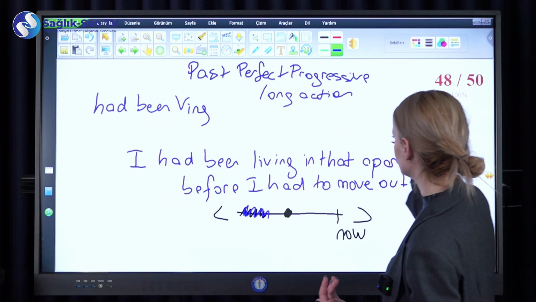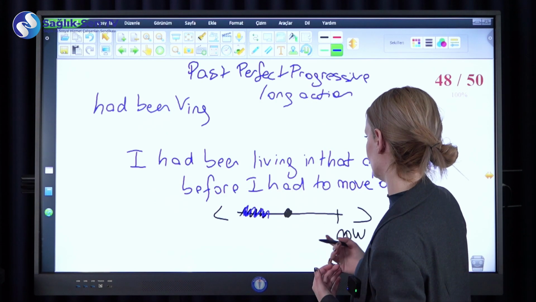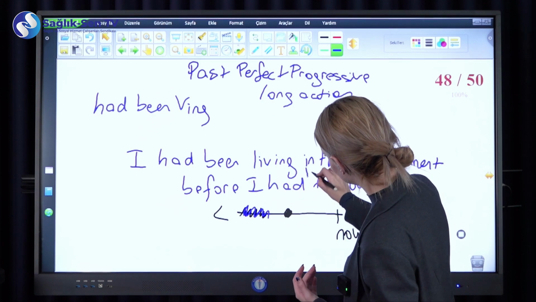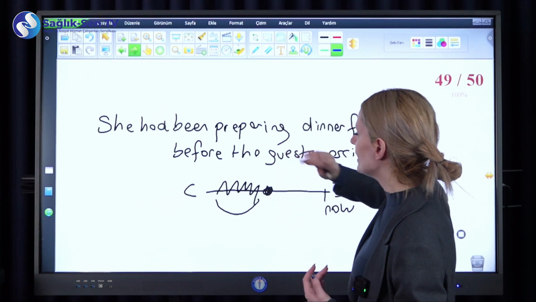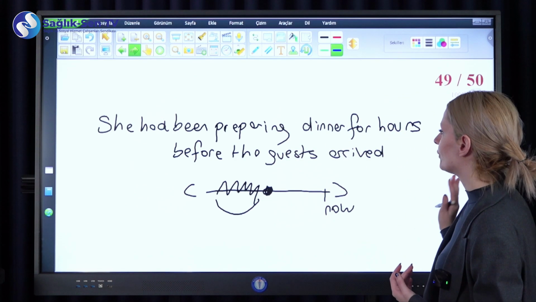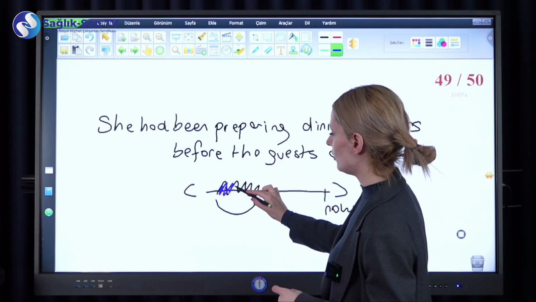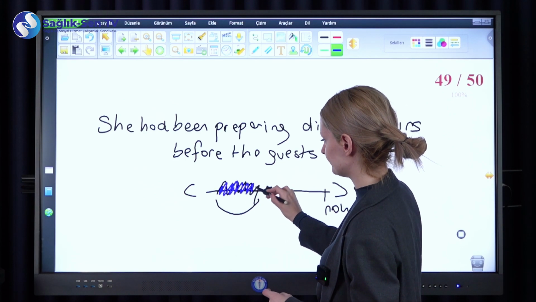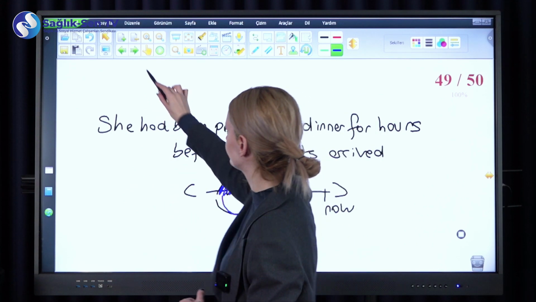I had been living in that apartment before I had to move out. She had been preparing dinner for hours before the guests arrived. So it was a long action that took place before the past simple.